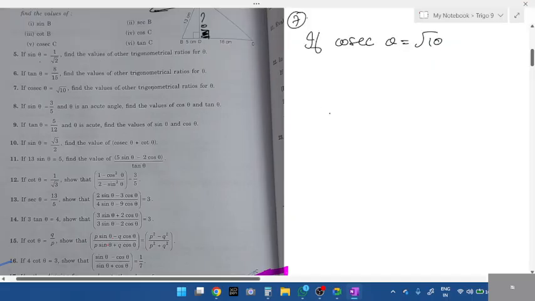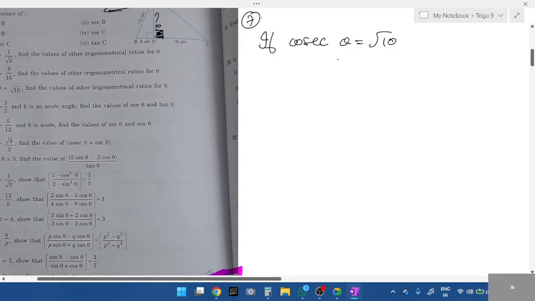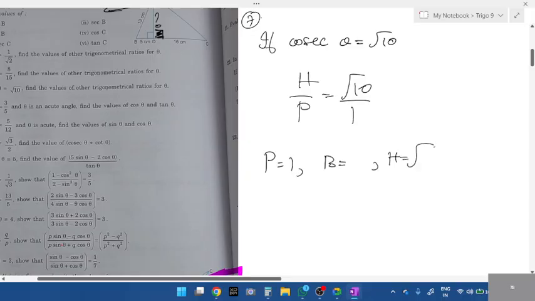Okay, tell me Alan, how to solve this. Put root 10 by 1. Perpendicular is 1, the base we need to find, the hypotenuse is root 10. Okay, what's the formula?